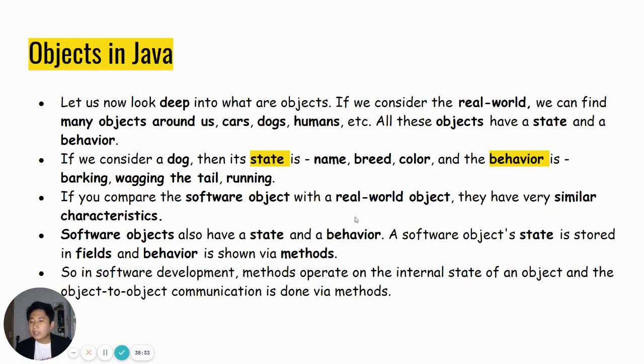If you compare a software object with a real world object, they have very similar characteristics. Software objects also have states and behavior. A software object's state is stored in fields and behavior is shown in methods.